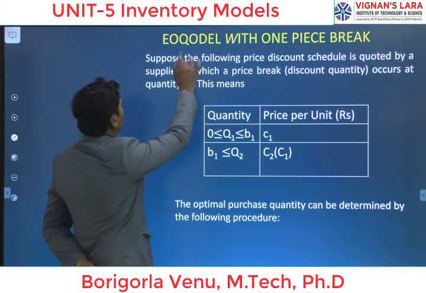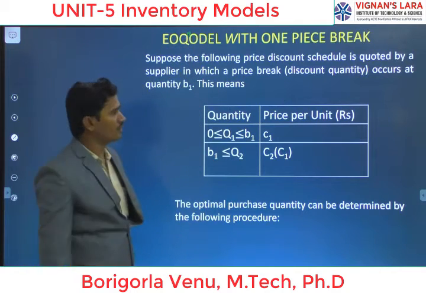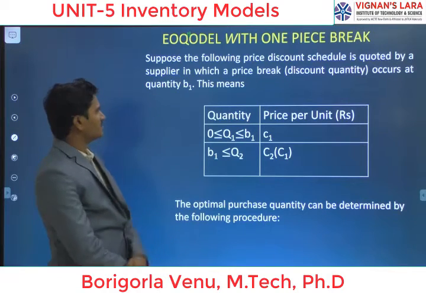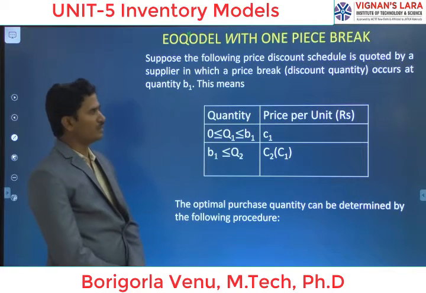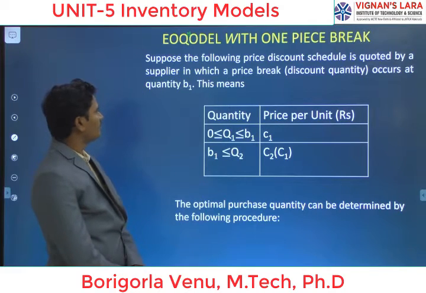Here I have taken one EOQ, economic order quantity model, with one price break. Suppose the following price discount is quoted by a supplier, in which a price break occurs at quantity B1.